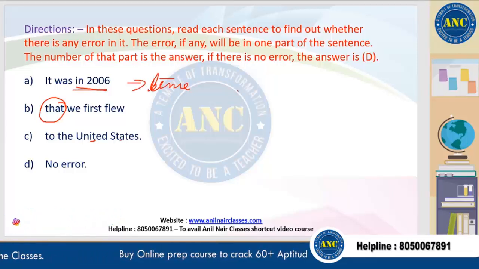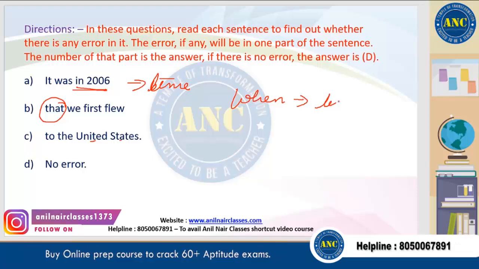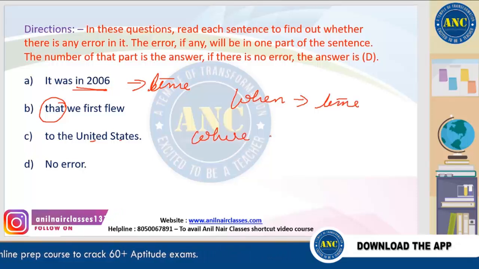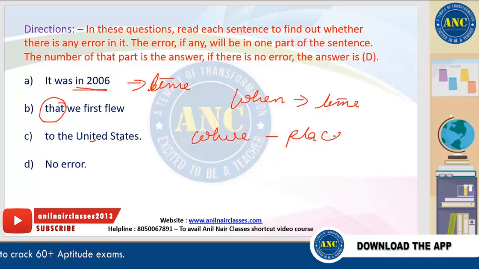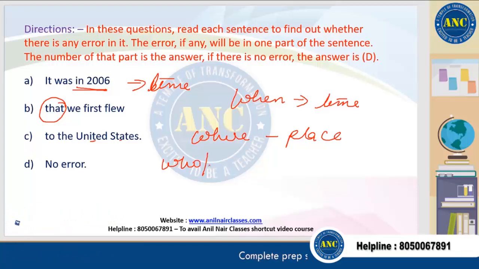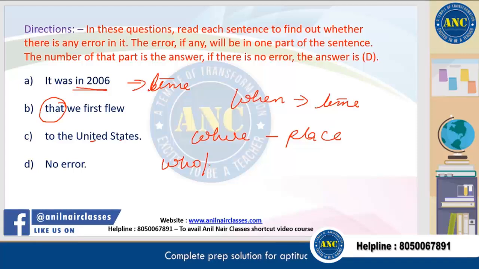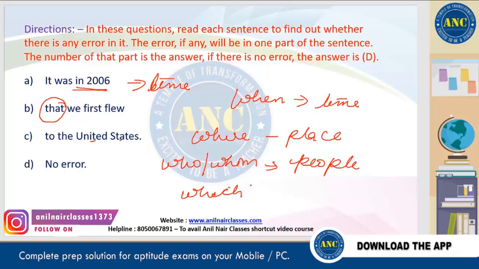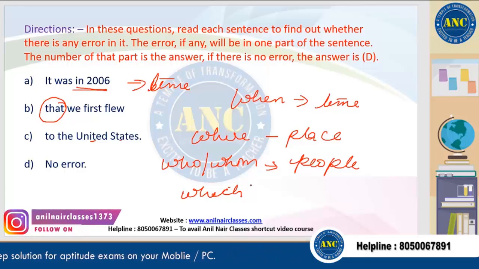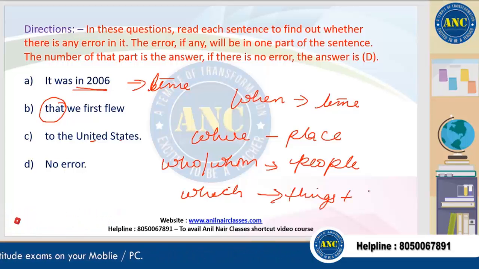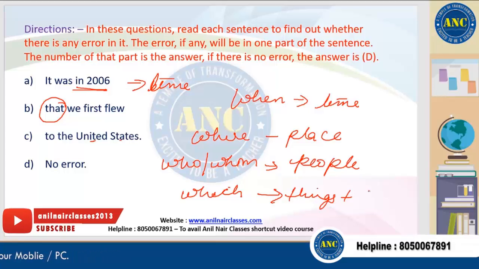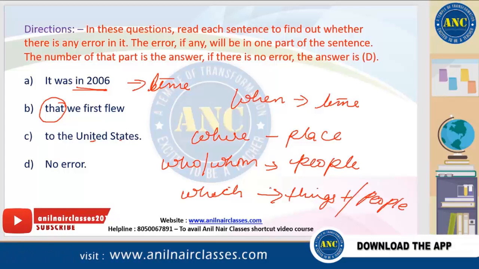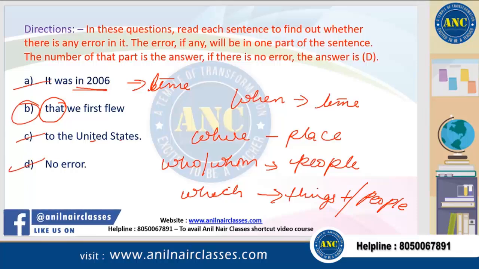Always remember, when refers to time, where refers to place, who and whom refers to people, and which can refer to anything, right? It could refer to things also. It can refer to things plus people, anything. So learn karo bhai, remember. So get rid of everything and B is the right answer.